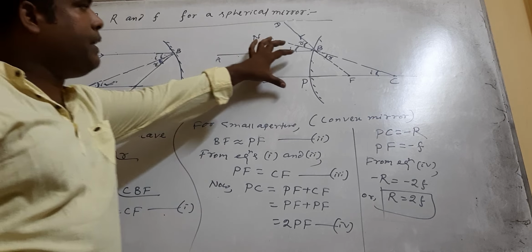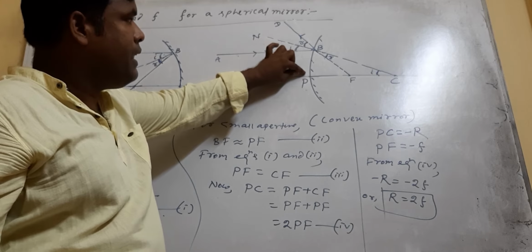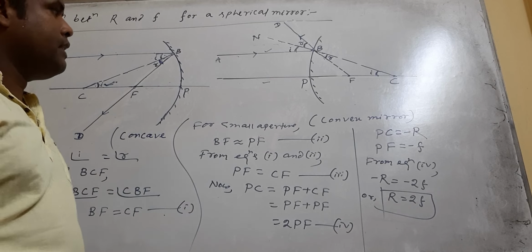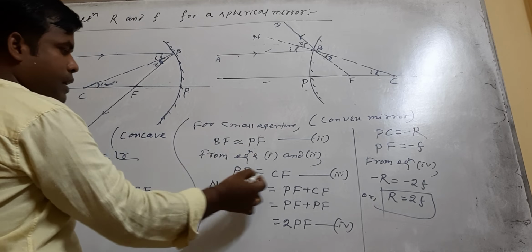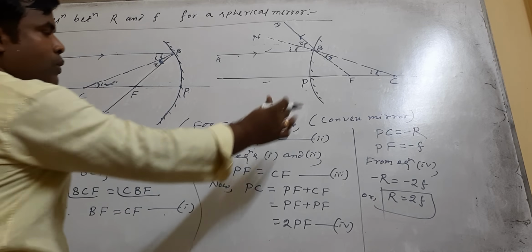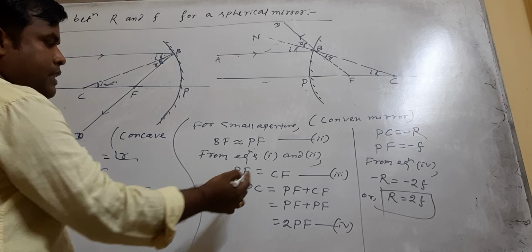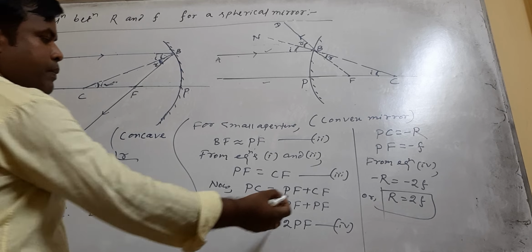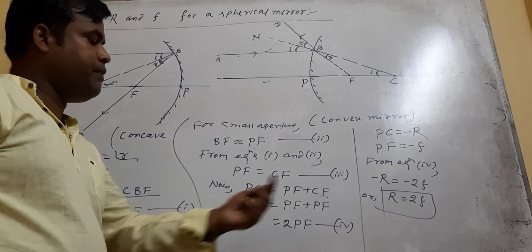But the aperture is very small, so B is very close to P. That means BF you can write as PF. Similarly, from equations 1 and 2, PF is equal to CF. So what is PC? PC is PF plus CF, and CF is equal to PF, so in place of CF you can write PF. So it is 2PF.